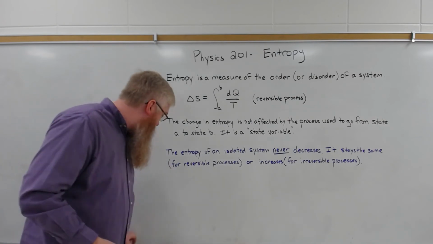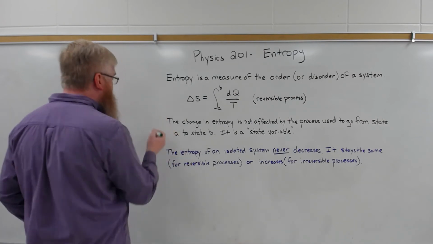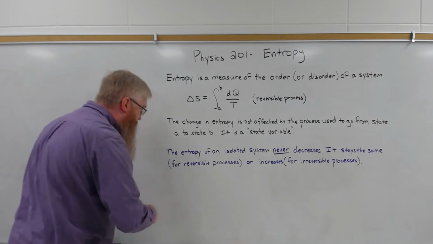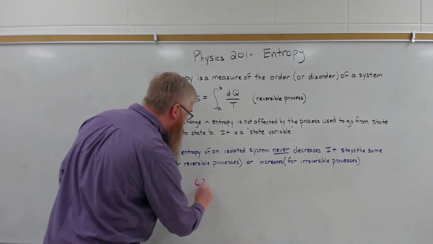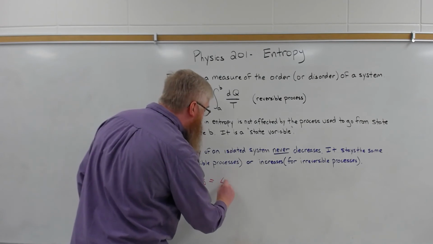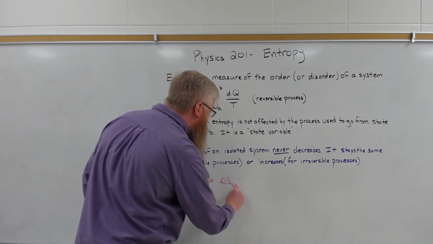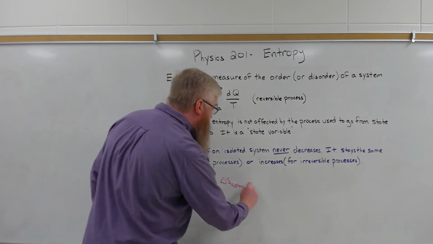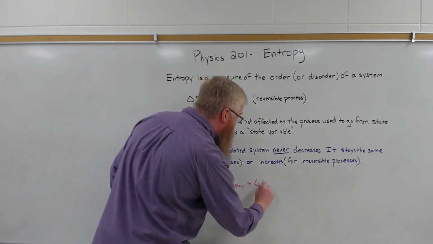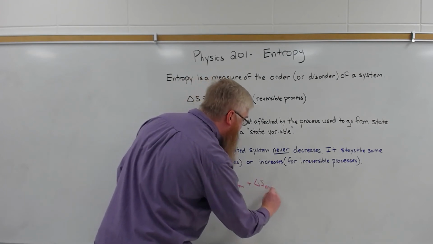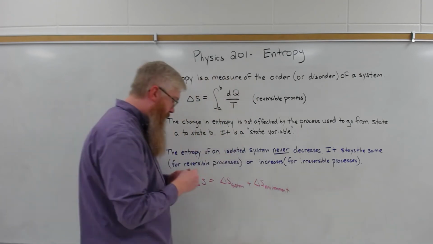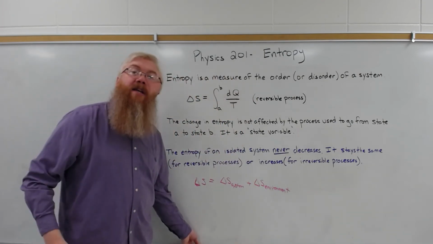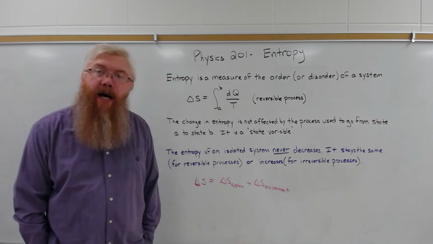The change in entropy, delta S, depends on the change in entropy of a system plus the change in entropy of the environment. The Earth has a huge amount of energy being dumped on it daily, right?